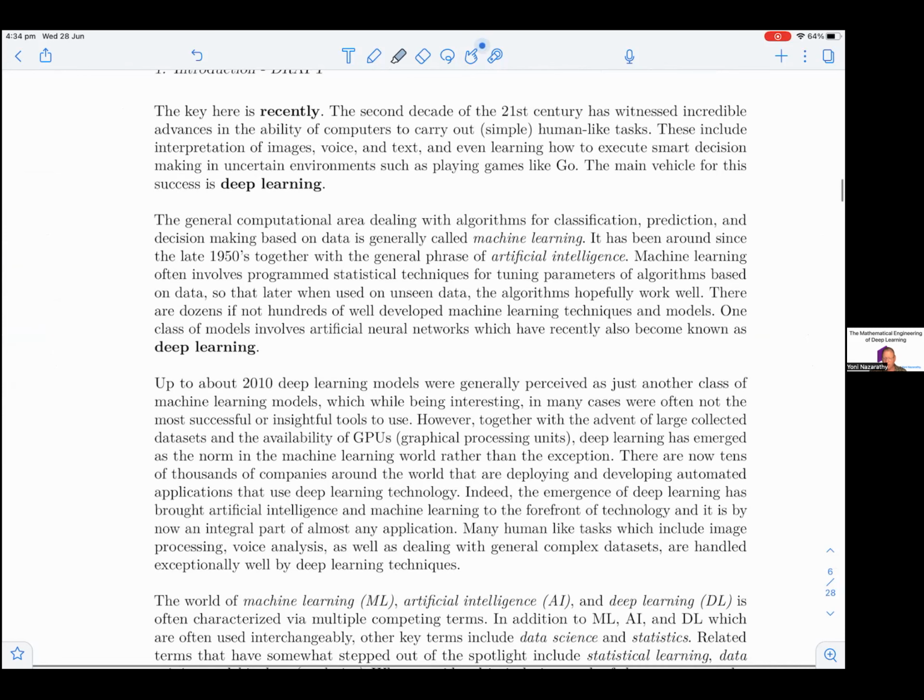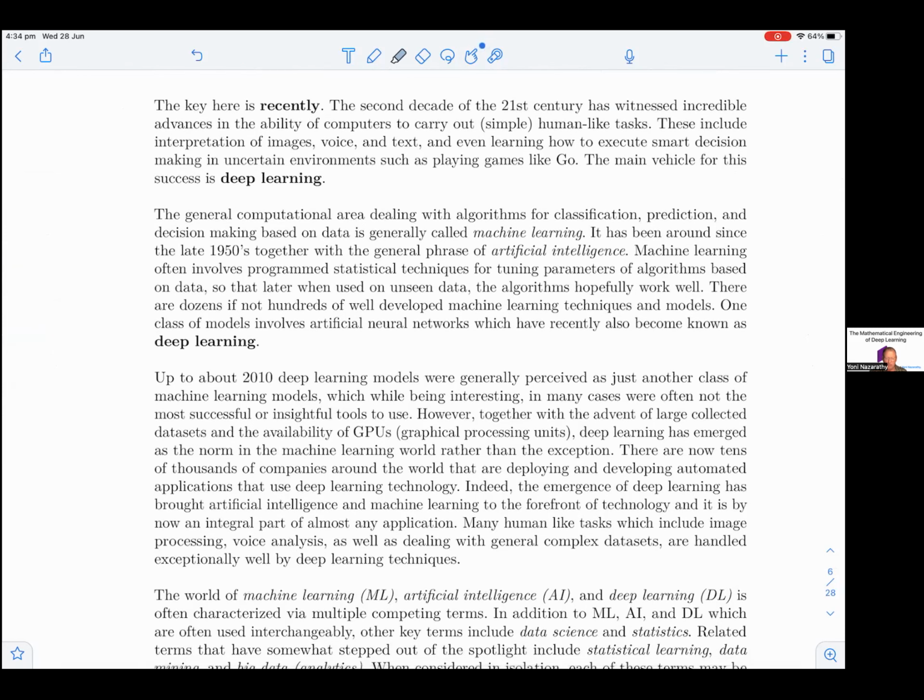The second decade of the 21st century has witnessed incredible advances in the ability of computers to carry out simple human-like tasks. These include interpretation of images, voice and text, and even learning how to execute smart decision-making in uncertain environments, such as playing games like Go. The main vehicle for this success is deep learning.